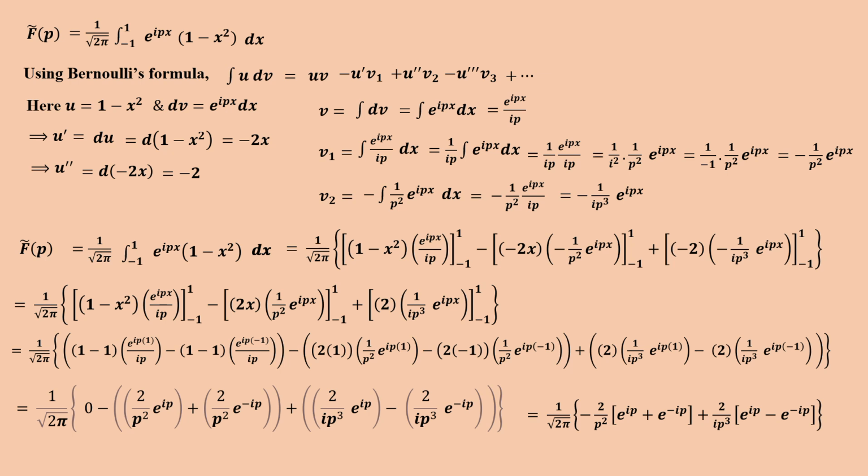So we have 2 by p square, common, take it outside, so e power ip plus e power minus ip. The second term, 2 by ip cube is common, take it outside, e power ip minus e power minus ip.